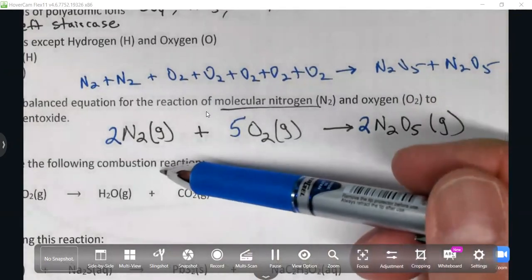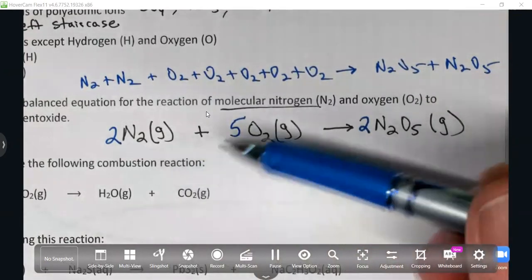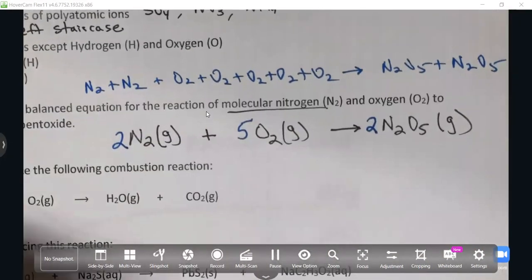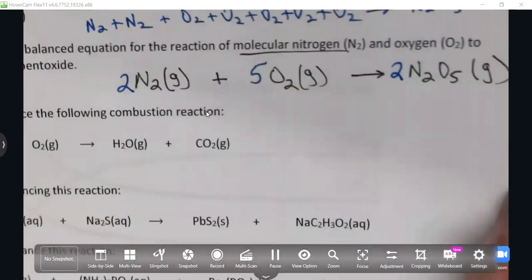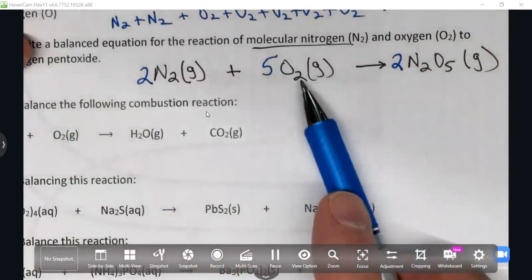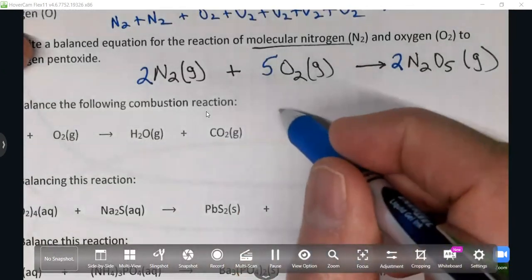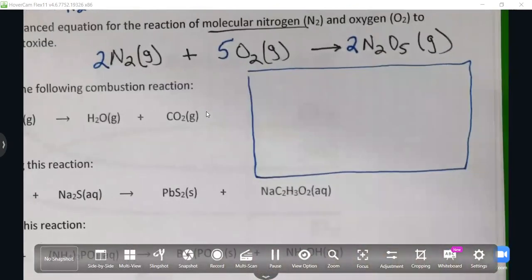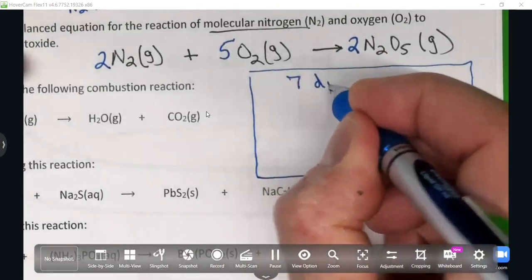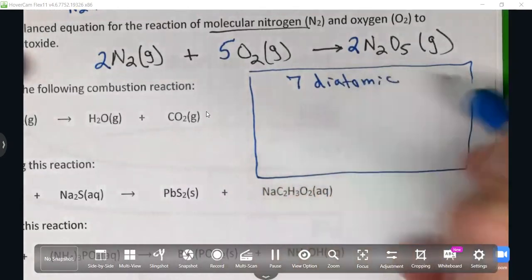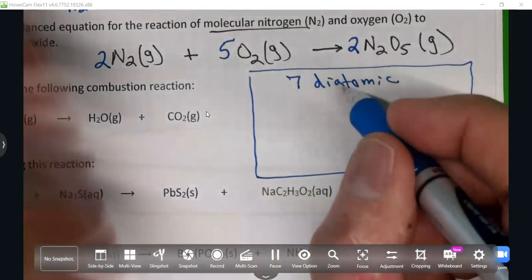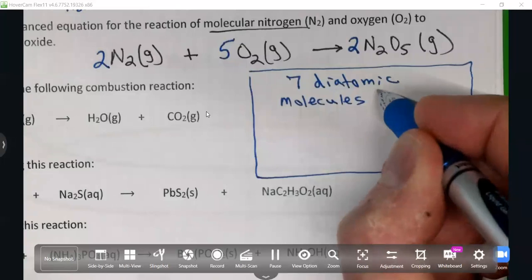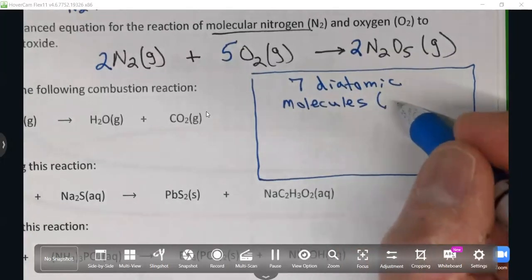All right, let's go to this. This one here is a combustion reaction. And I should make a comment on this though. You will see there are 7 diatomic molecules. Mostly gases.